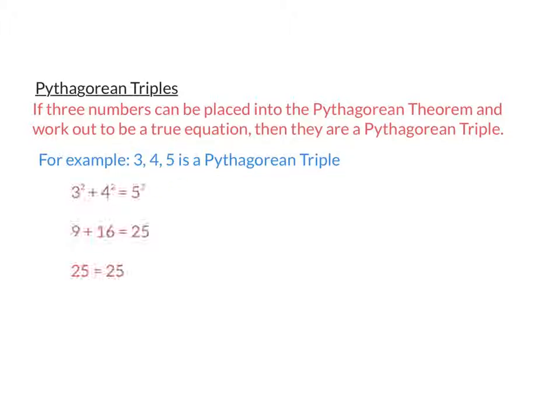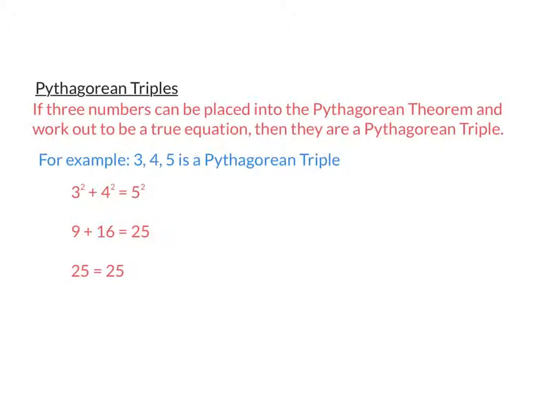So when I plug it in, this is the work you need to show to prove that 3, 4, 5 is a Pythagorean triple. It's pretty straightforward. Once I plug it in, and you force the 5 to go on the other side because it's the biggest, this is 9 plus 16, which is 25. They equal each other. This is the work that you show in order to prove that it's a Pythagorean triple. On some of the problems today, you're going to have to do that.